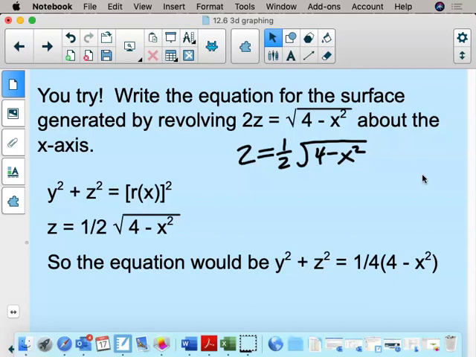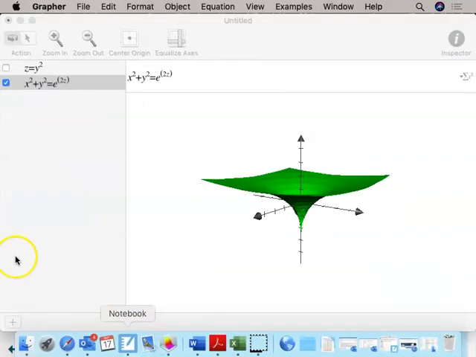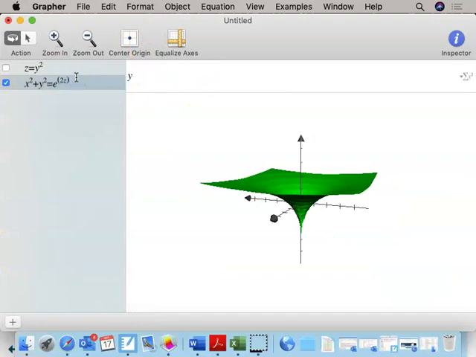Okay. Anyway, so we have y squared plus z squared equals 1/4 times 4 minus x squared. So playing with that, y squared plus z squared equals 4 minus x squared all over 4.